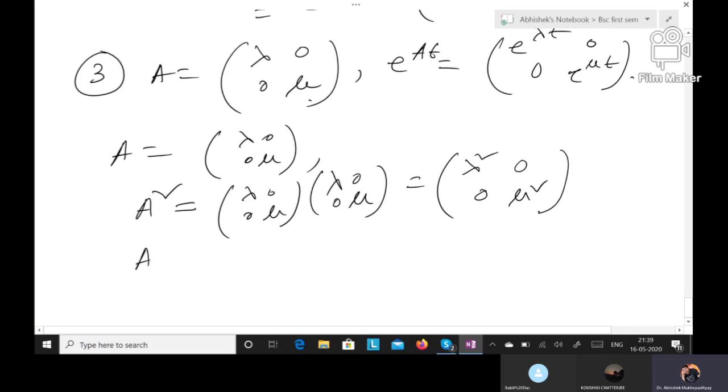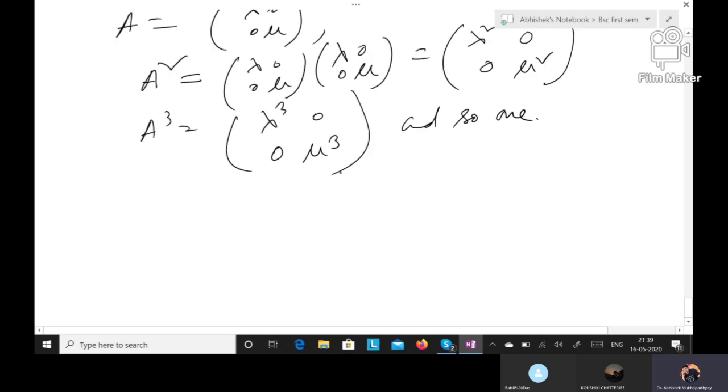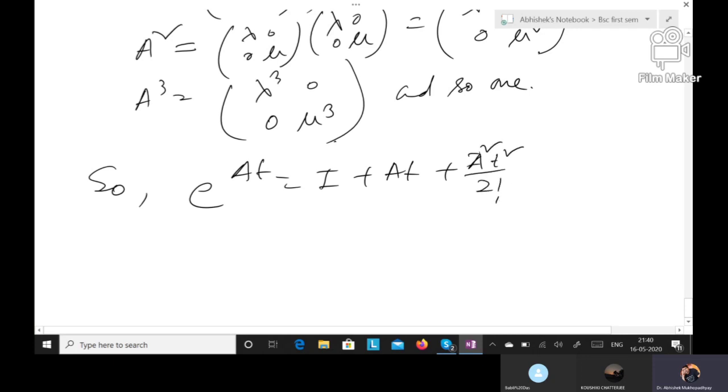Similarly, if we do the cube, you will see that this will be lambda cube 0, 0 mu cube, and so on. So therefore, e to the power At will be I plus At plus A square t square by 2 factorial, and so on.